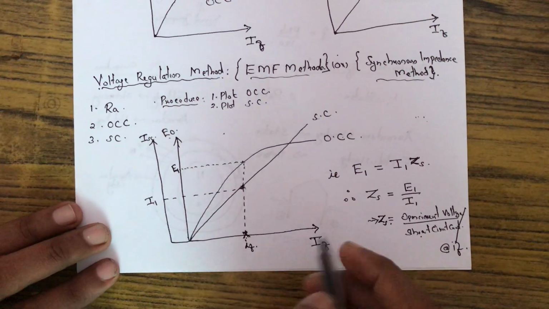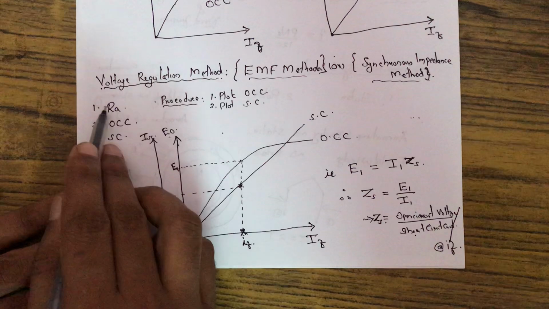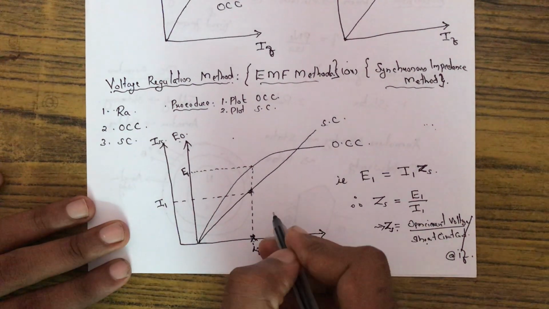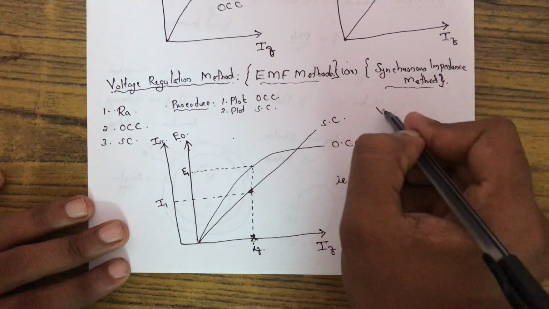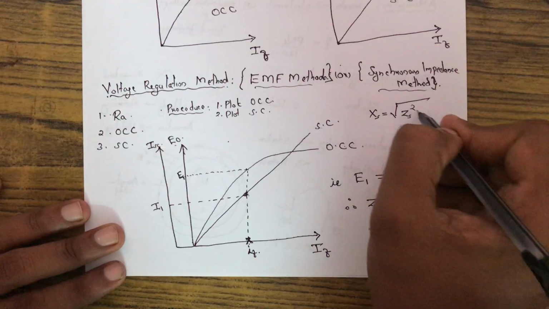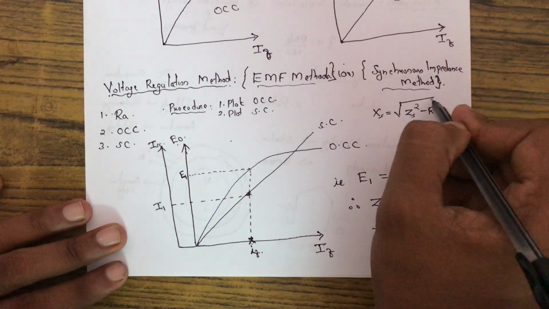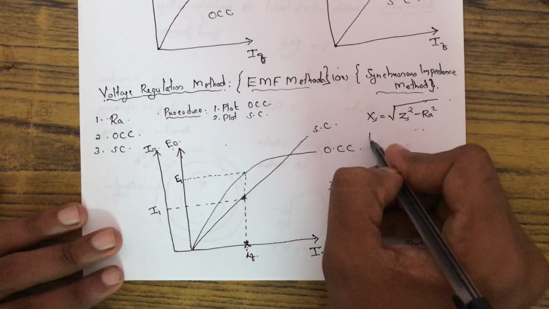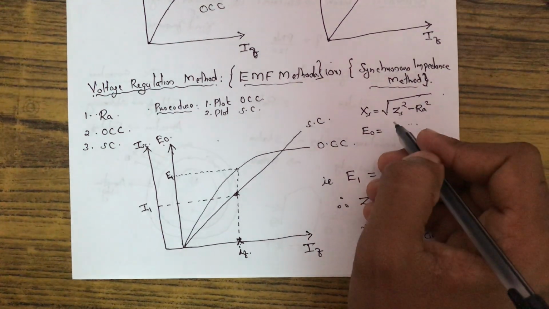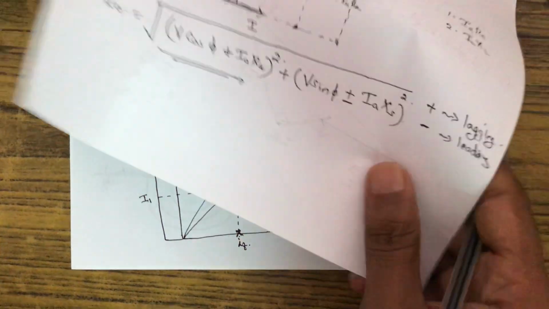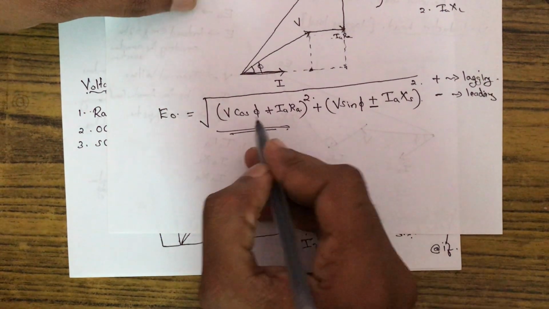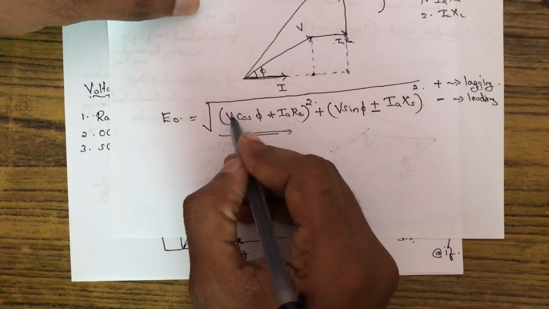And if we know the value of RA, we can find the value of XS, which is equal to root of ZS square minus RA square. Then we can find the value of E naught from the equation E naught is equal to V cos phi plus IA RA.